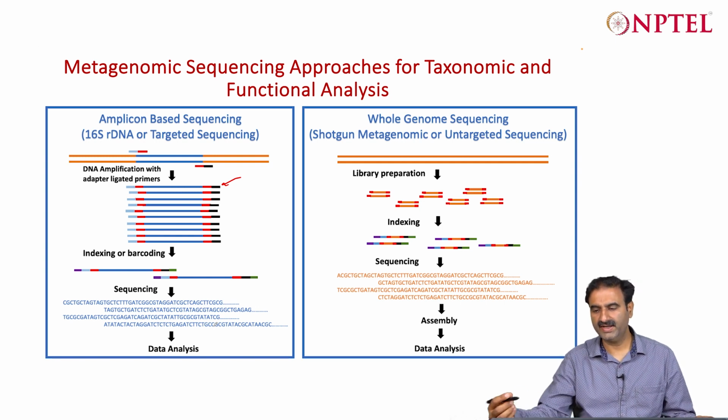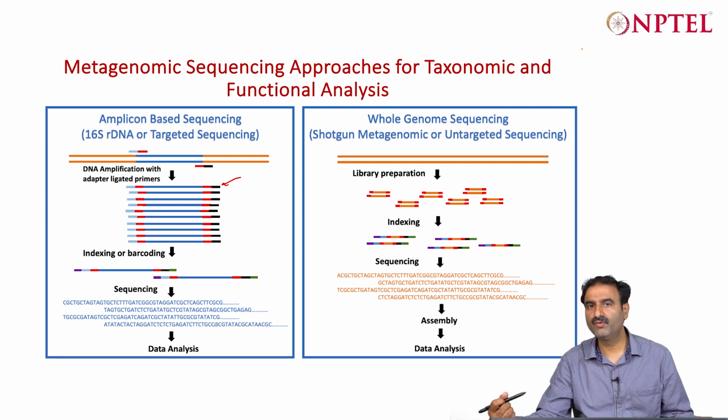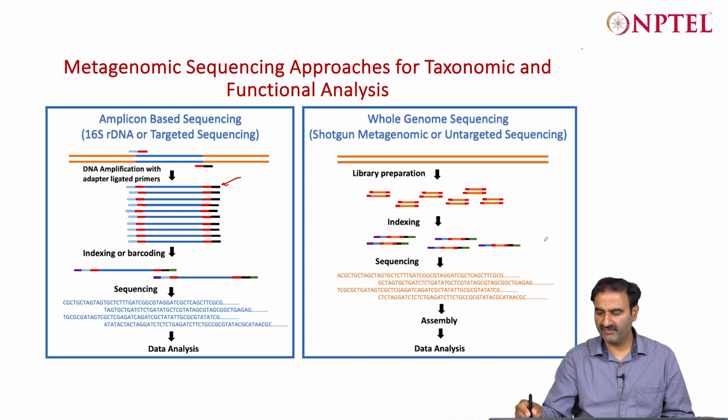The other is where you want to sequence each and every bacterium in the environment in their respective proportion or abundance. You fragment all the DNA present from all the bacteria in their respective numbers in an environment, prepare a library, go for sequencing, and then assembly and data analysis.